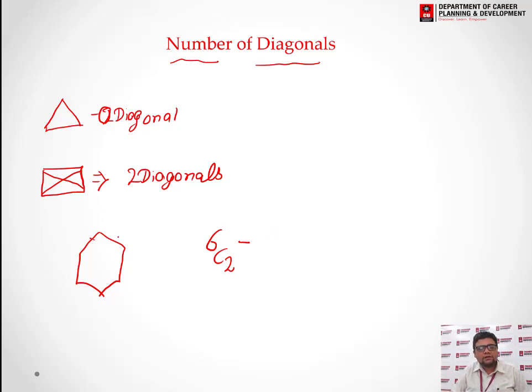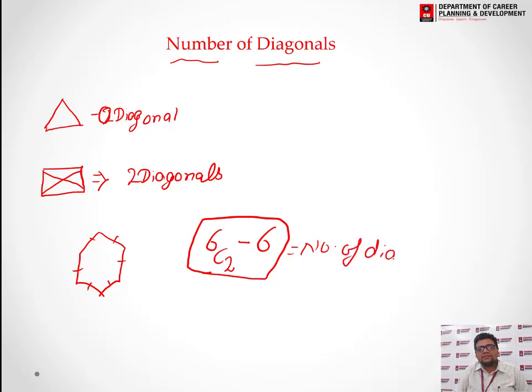There are 1, 2, 3, 4, 5 and 6, these 6 lines, which we subtract. Then what remains is the number of diagonals of a hexagon.